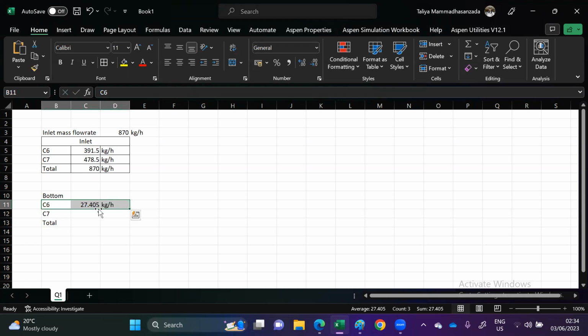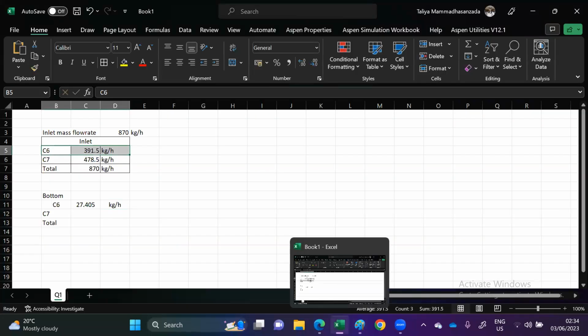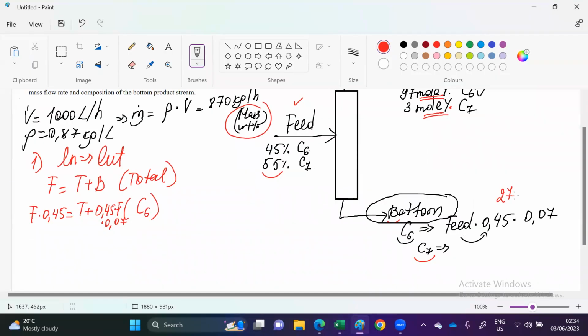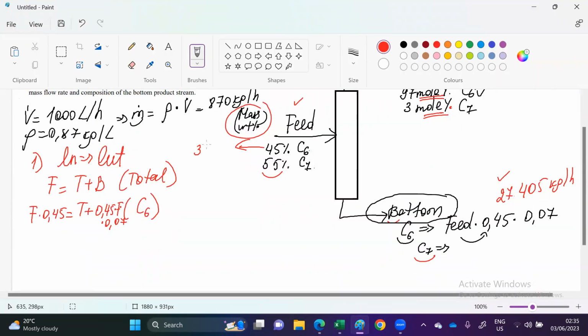So in the bottom, we have approximately 28 kilogram per hour, right? And as an inlet, we have this value. It means we can also find the top product. I have determined already, it was 27.405 kilogram per hour. I also knew the feed benzene by multiplying 870 by 0.45, which is 391.5, right? Based on this formula, the feed is given, the bottom is given, so I can easily find the top product.